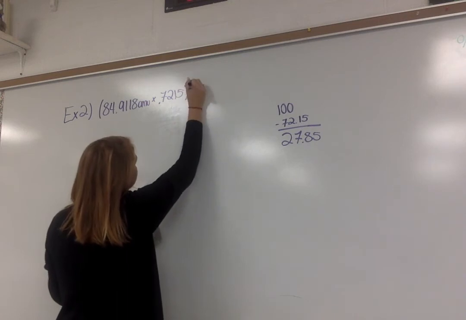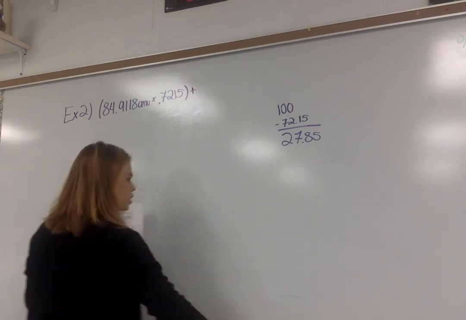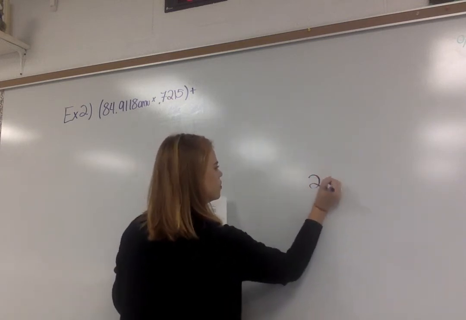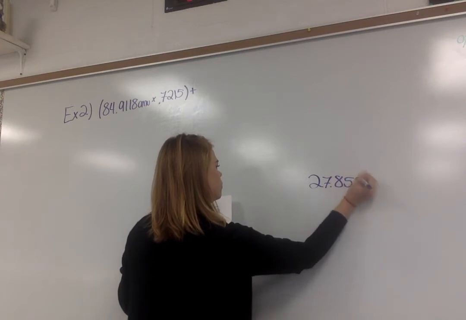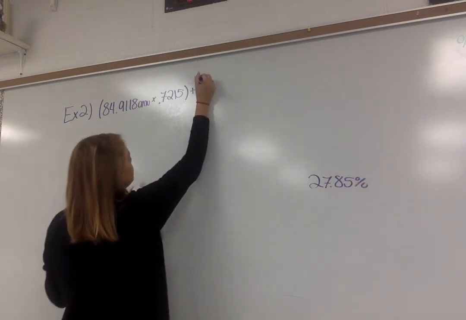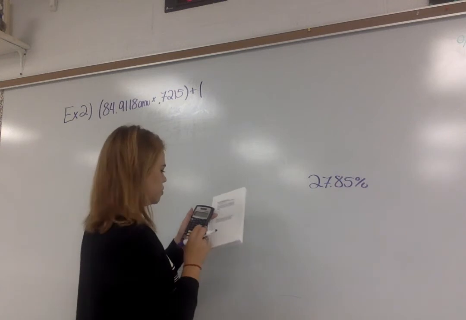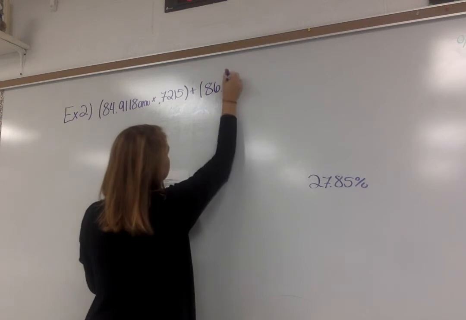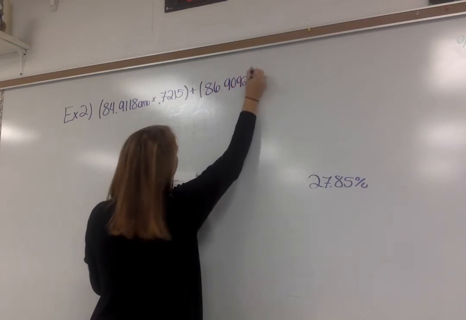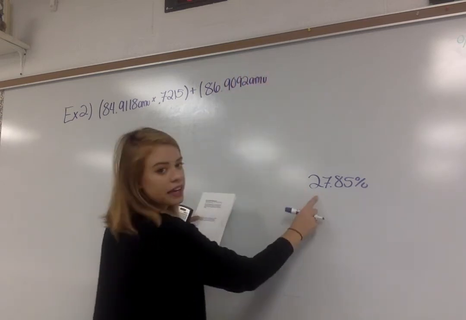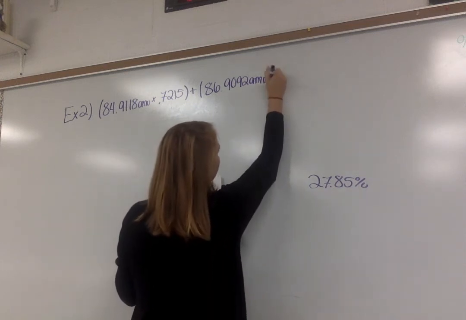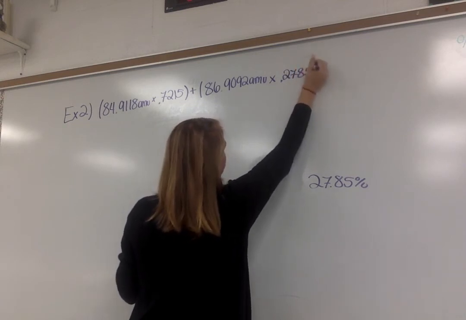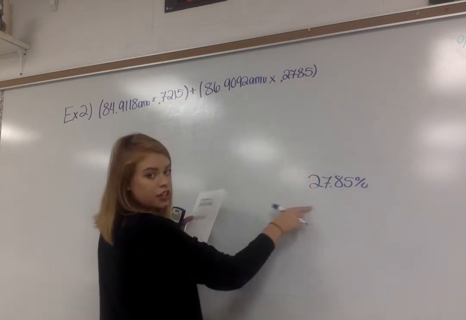I'm going to close parentheses, add 27.85%. We're going to add that to the mass times the percentage of our second isotope. So the mass of our second isotope is 86.9092 AMU. And we will again multiply that by the percentage that we calculated, which was 0.2785. So again, just taking that percentage and turning it into a decimal.